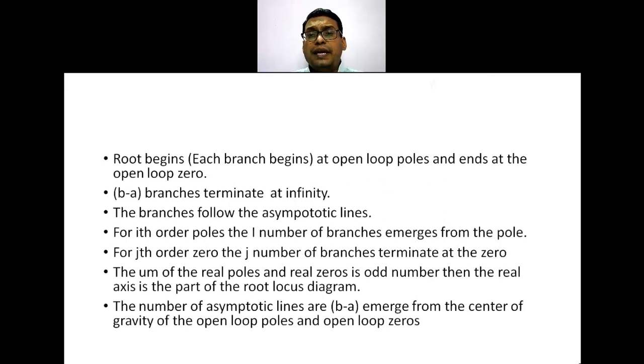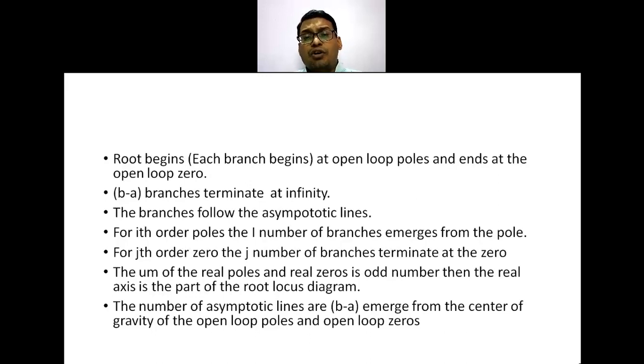The root locus begins at the open loop poles and ends at the open loop zeros. B minus A branches terminate at infinity. These branches follow the asymptotic lines. For ith order poles, i number of branches emerge from the pole.